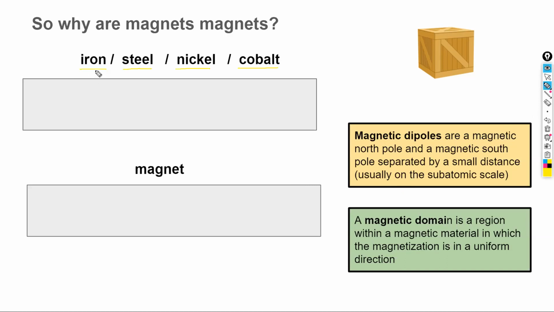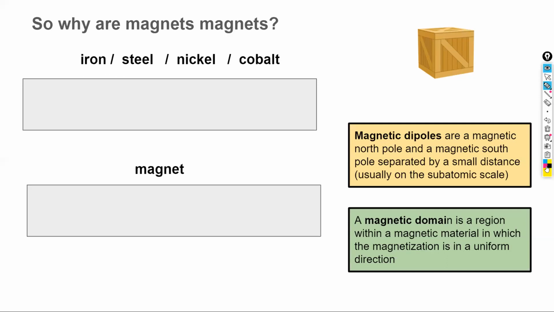Magnets. So make a note here. Iron, steel, nickel, and cobalt are all attracted to magnets, not just iron, right? So make a note there.